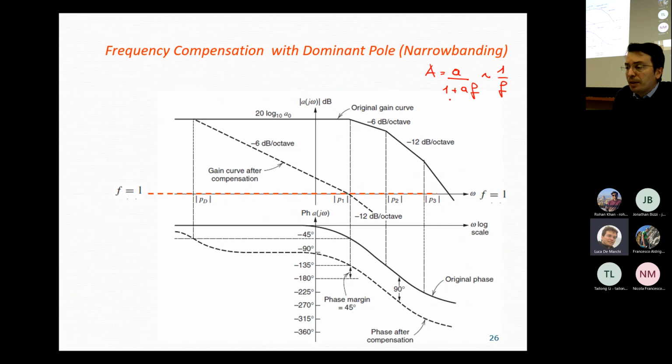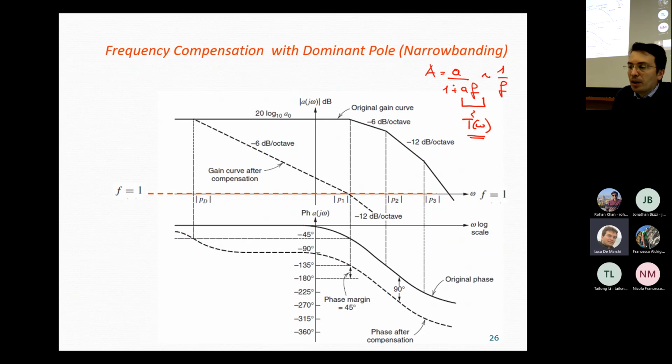We can focus on this quantity here, which is called loop gain, and usually referred to as T of omega, as a quantity to analyze the stability of this transfer function.